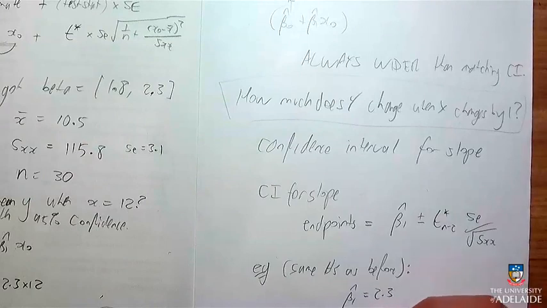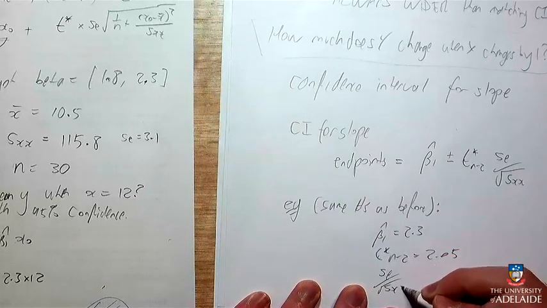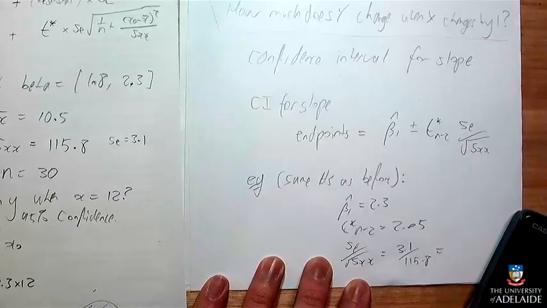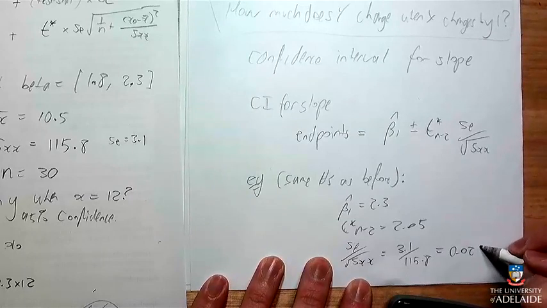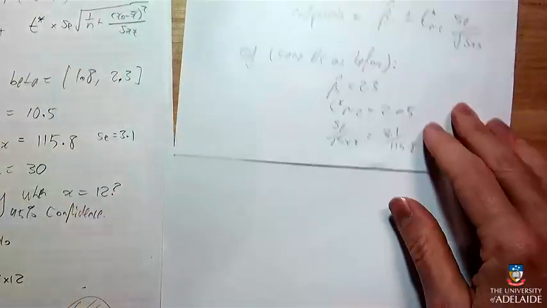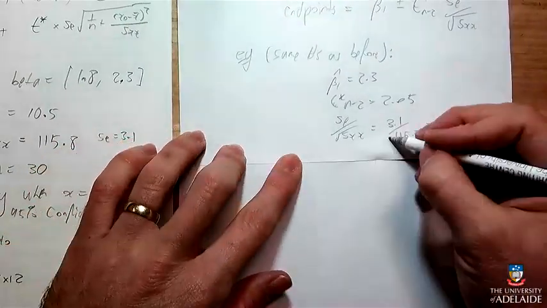My t star n minus 2 was 2.05. And my SE over root SXX was 3.1 over 115.8. And so I can do my confidence interval for the slope.